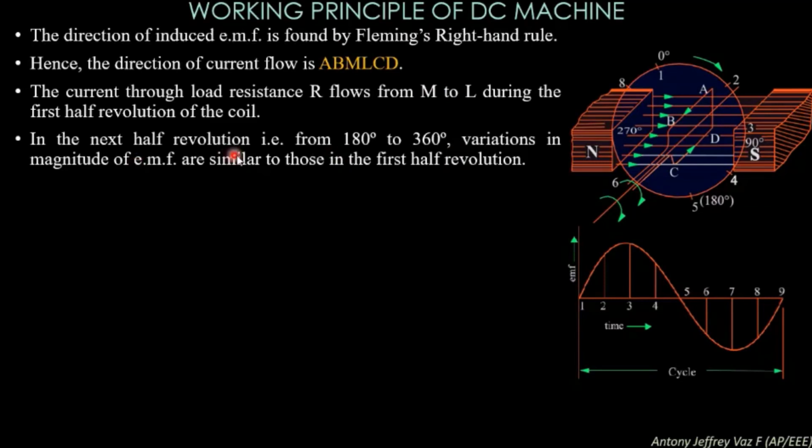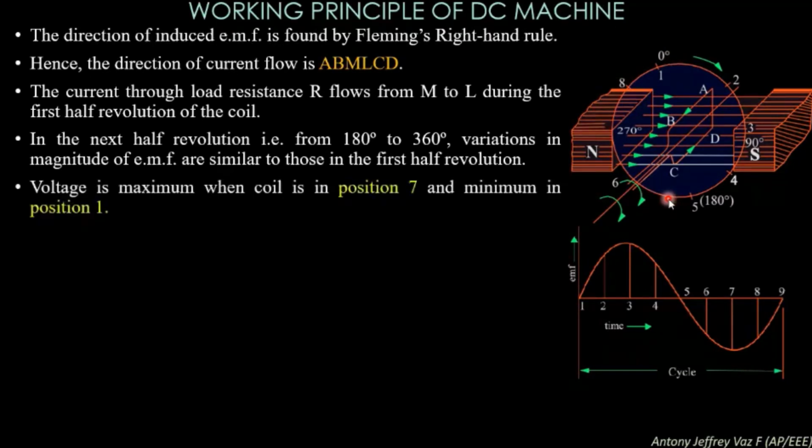In the next half revolution, that is from 180 degrees to 360 degrees, the variation in magnitude of EMF is similar to that in the first half revolution. So when you consider 180 degrees to 360 degrees, the variation in magnitude is the same, but the sign changes.